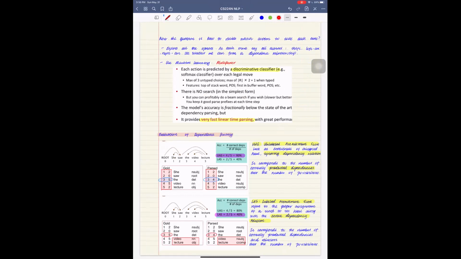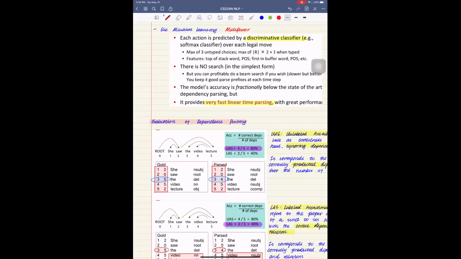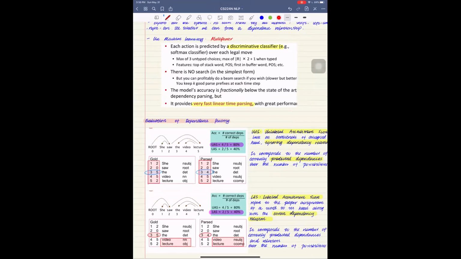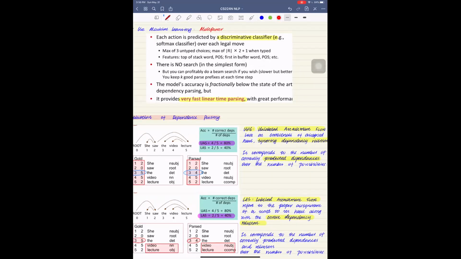So there are 2 ways of evaluating dependency parsing. The first way is called UAS, the unlabeled attachment score. It just looks at the correctness of the assigned head, ignoring the dependency relationship.